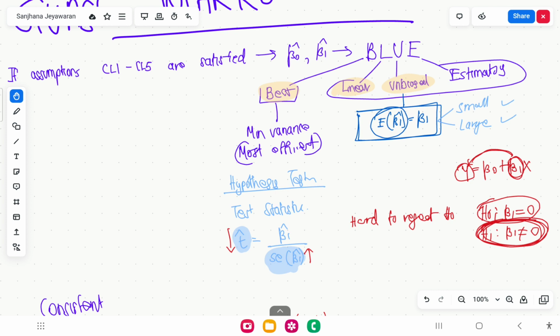But if we use the OLS method, we are saying that they are not only linear and unbiased estimates, but within the group of linear and unbiased estimates, OLS will give us the best estimates, that is, the estimates with the minimum variance. Since they are most efficient, the standard errors are small. When the standard errors are small, in hypothesis testing, the test statistic will be large, and we can prove individual significance. Likewise, if you take confidence intervals, when your standard error is small, your confidence interval is narrow. That means you can take decisions with high precision.